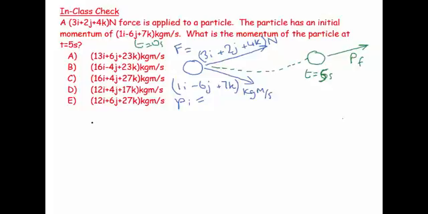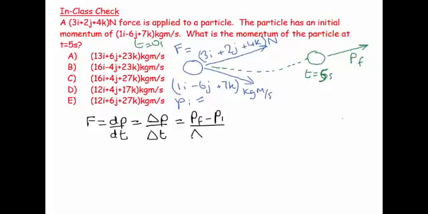And I get thinking and I go, you know, this is basically saying that F is equal to dp by dt, the time rate of change of momentum, which equals, well, on average, the change in momentum over the change in time, which equals p final minus p initial over t final minus t initial. Let's write it like that.